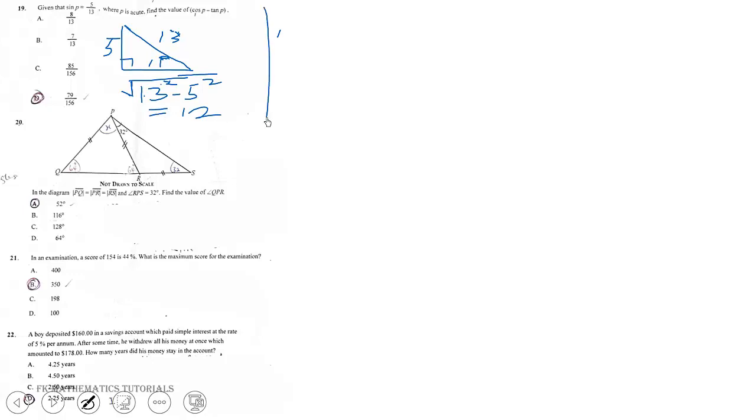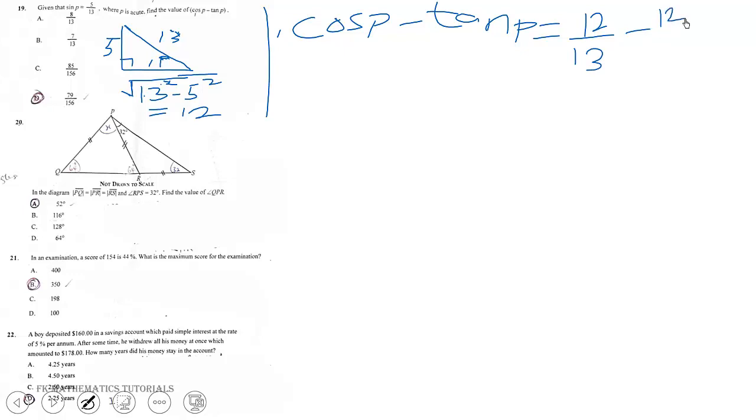So the value of cos P minus tan P will be equal to cos P is adjacent over hypotenuse, 12 over 13, minus tan P, which is opposite over adjacent, 5 over 12.